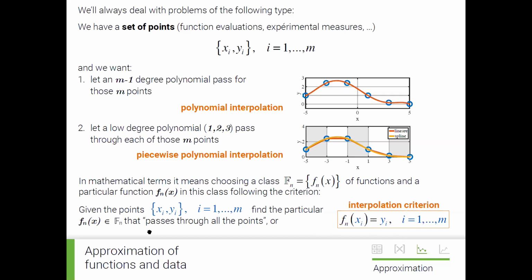So to each point xi corresponds yi under the rule Fn, with i from 1 till m, where m is the maximum number of points.